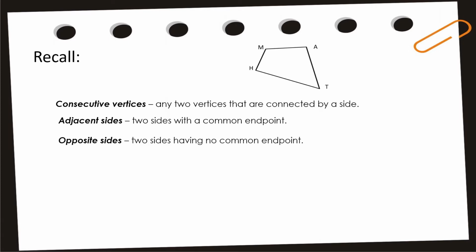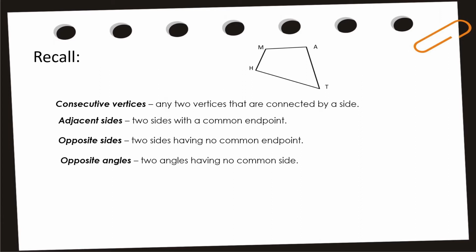Next, we have opposite sides. So when we speak of opposite sides, it means two sides having no common endpoint. From the given figure, example of opposite sides are side MA and side HT. Another pair of opposite sides are side MH and side AT.